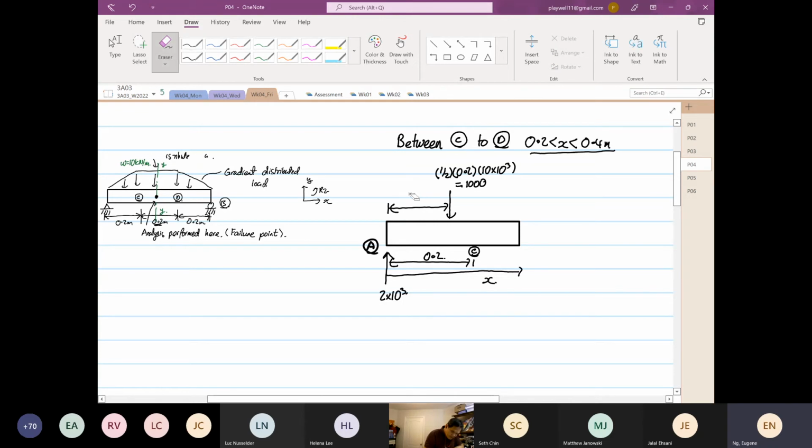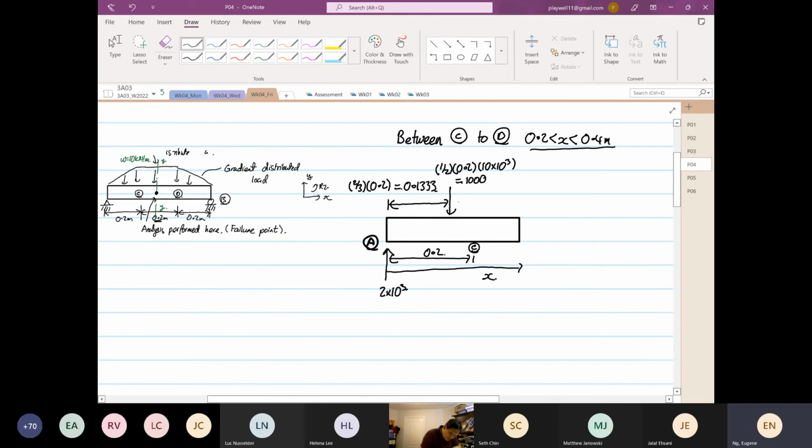So this distance will be equal to 2/3 times 0.2, so this is 0.1333. Okay. We are also aware that the distance from here to here is x minus 0.1333.